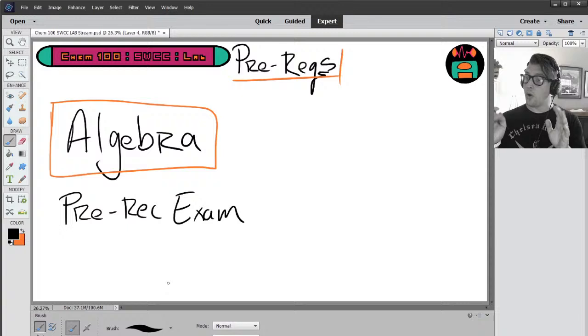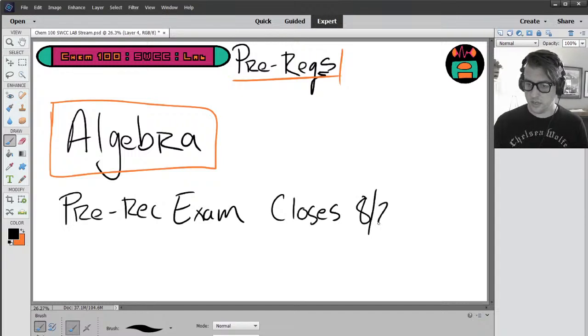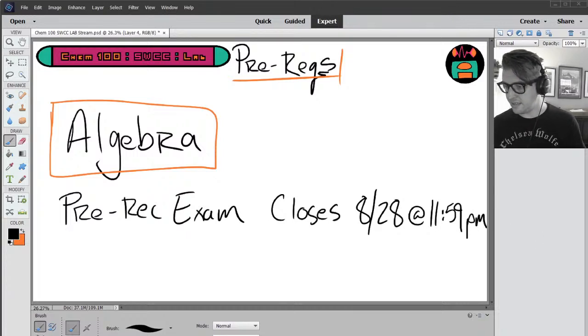And this is the only exam in the class that won't take place during a scheduled period. So the pre-req exam is open for you to take any time. It closes on the 28th at 11:59 p.m. And the 28th is this Saturday.